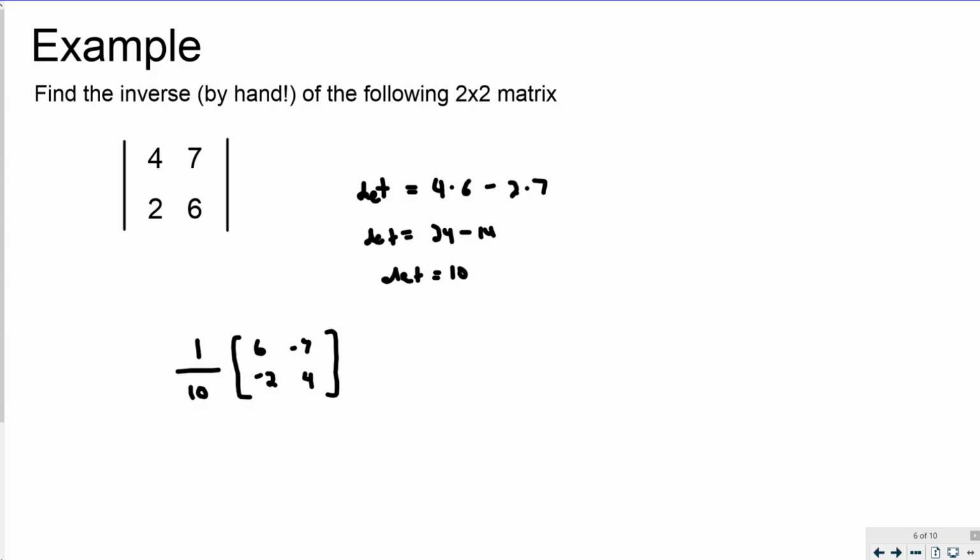Then I'm going to multiply all this out. My inverse matrix is 0.6, negative 0.7, negative 0.2, and 0.4. So there is my 2x2 inverse.